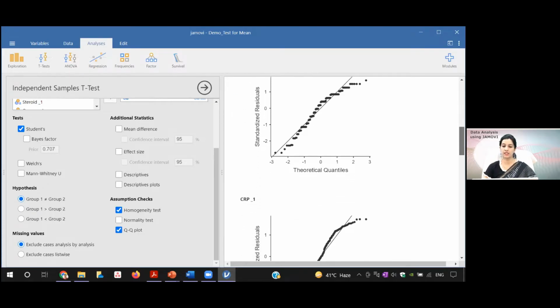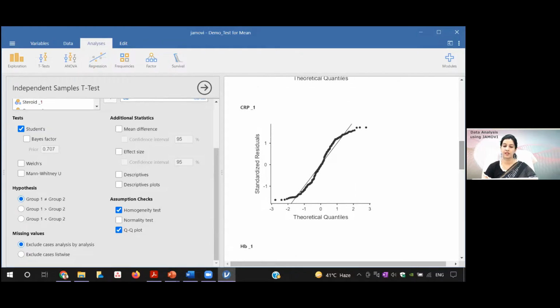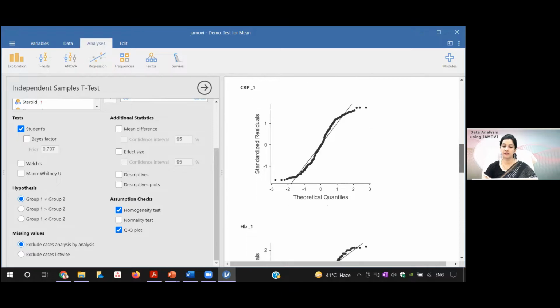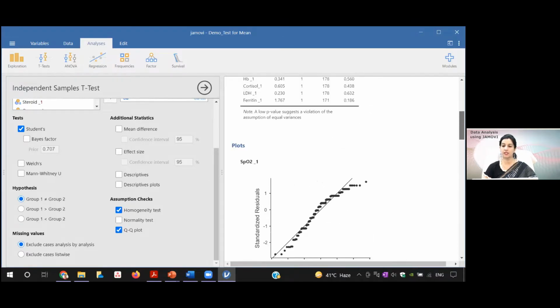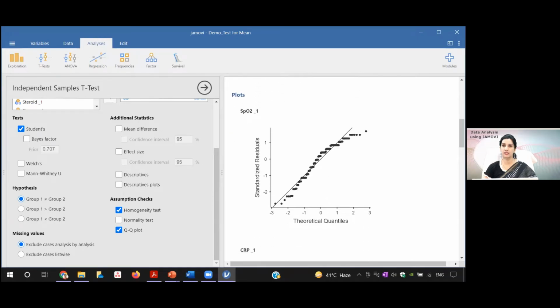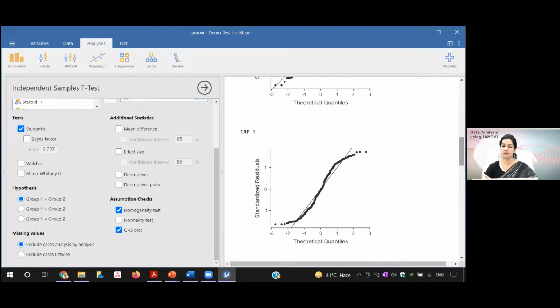So you see this, then this CRP. You can do this in the exploration also, because there the box plot and QQ plot will come together. So I think you can do that task there also. So which variable do you think is not normally distributed? See this SpO2. Then you can see this CRP.